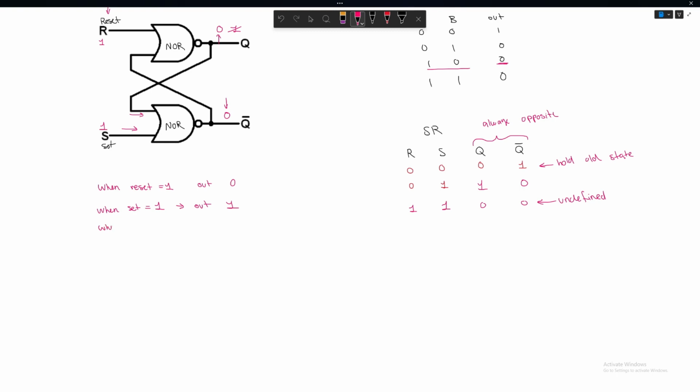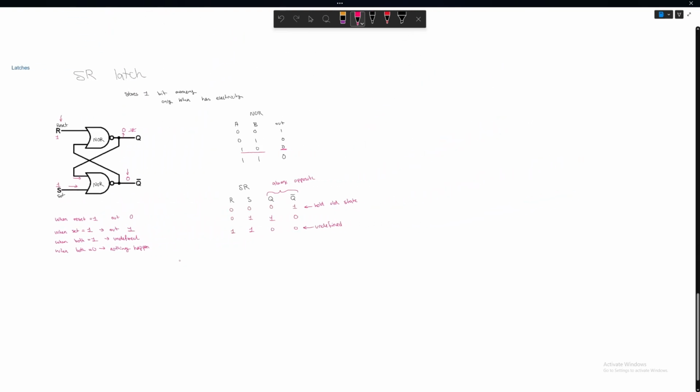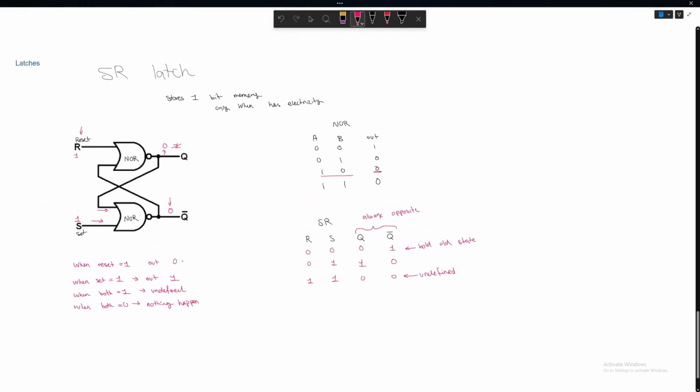When both equal 1, then you get undefined, right? And when both equal 0, nothing happens basically, right? It holds the old state, so nothing changes. And that is our SR latch. It's the most basic form of memory, and it only works when the computer is on.